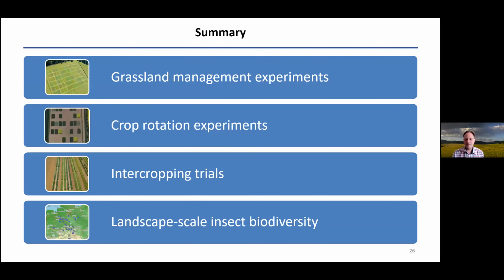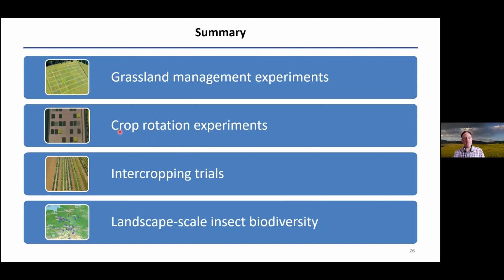Yeah, so with that, I'm already through, because the 30 minutes are also almost through. I showed you a brief overview of some of the things we did over the last years. Grassland management experiments showing complex effects of fertilizer, cutting frequency, and sward manipulation.